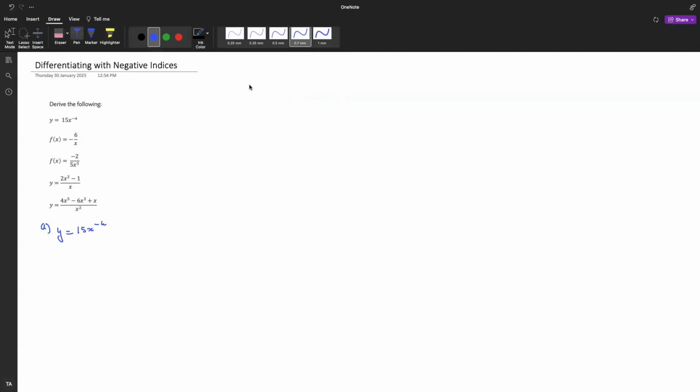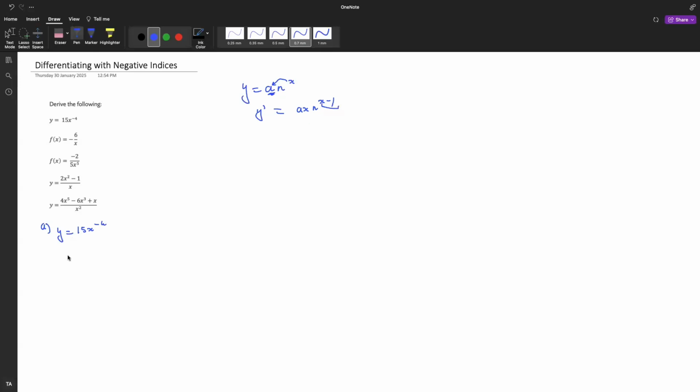So yeah, when you have a rule, if you remember the general, say if you have y is equal to ax to the power of n, the derivative of this would be anx to the power of n minus 1. Okay, so you bring the indices to the front, multiply it with your already existing coefficient, and then you subtract 1 from the indices. Okay, so we're going to do the same thing here.